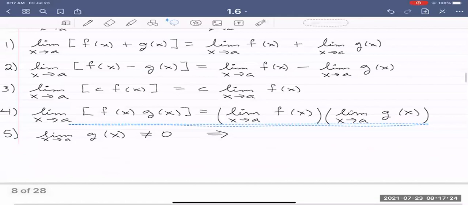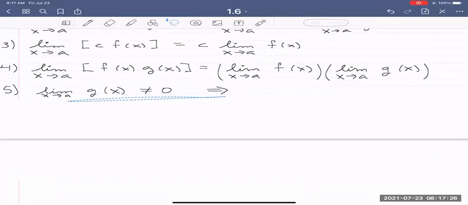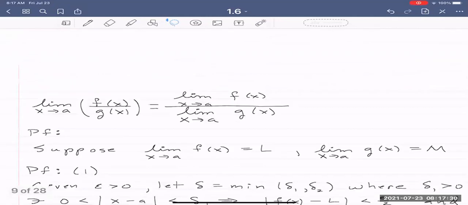5. If the limit as x approaches a of g of x is not equal to 0, then the limit as x approaches a of f of x over g of x is equal to the limit as x approaches a of f of x divided by the limit as x approaches a of g of x.